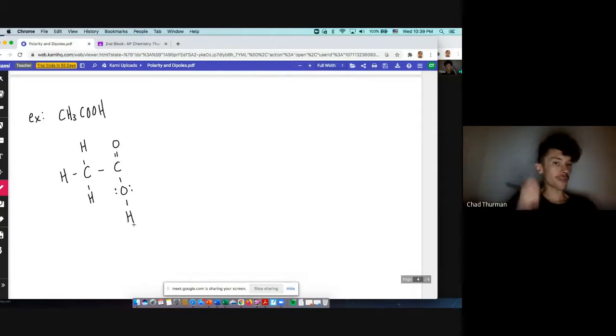So there's my Lewis dot structure. I guess you guys are going to freak out about these dots. I'll put them there. There's my Lewis dot structure for, this is acetic acid. It's called vinegar or acetic acid.